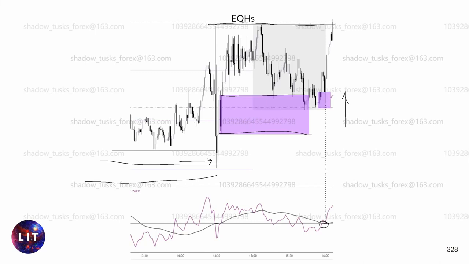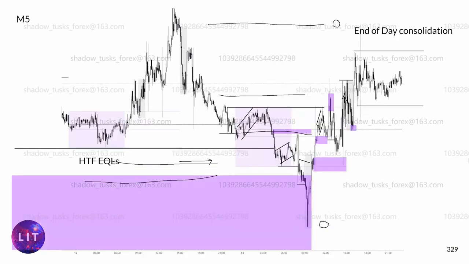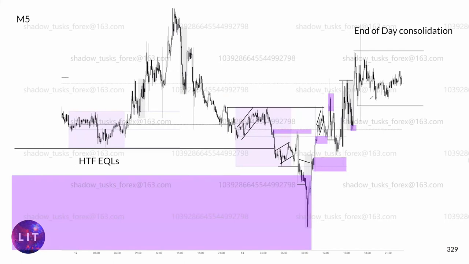Again, getting close to the end of the day, so likely you can just target that for a quick 1 to 5. Okay, perfect. That should all make sense. And then we go into our end of day consolidation and build liquidity for the next day.